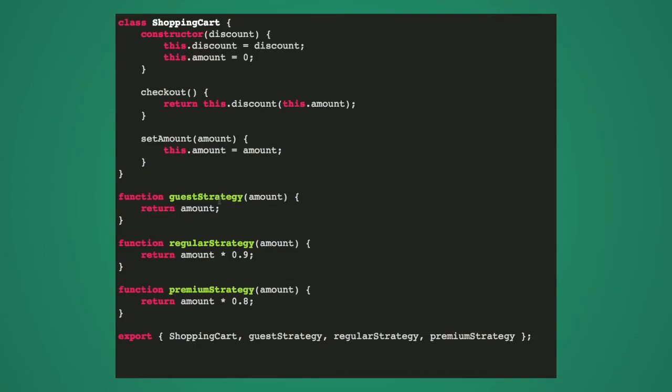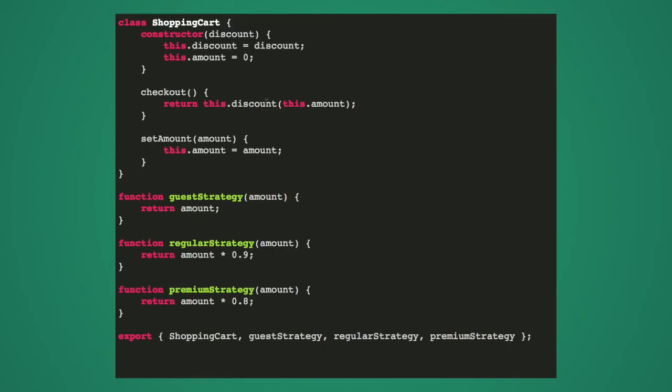And this is how we implement the strategies. Guest strategy returns the amount, there is no discount. Regular strategy multiplies it by 0.9 so that there's a 10% discount. Premium strategy multiplies it by 0.8 to give you a 20% discount. How does the shopping cart make use of this? When you call the checkout, remember it had saved the discount strategy as a member variable in the first line.